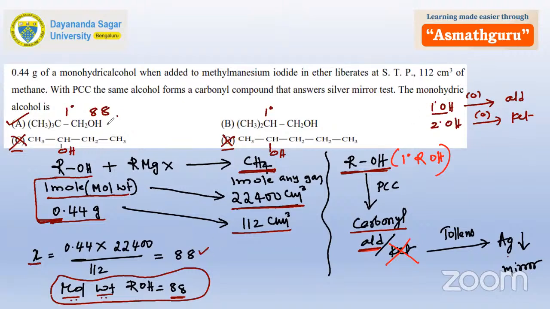The one having that molecular weight is A. How to calculate, Purnima? How many oxygen are there? One oxygen, that is 16. Take that. How many carbon atoms? 3, 4, 5 carbon atoms. 5 carbon means 5 into 12, that is 60.